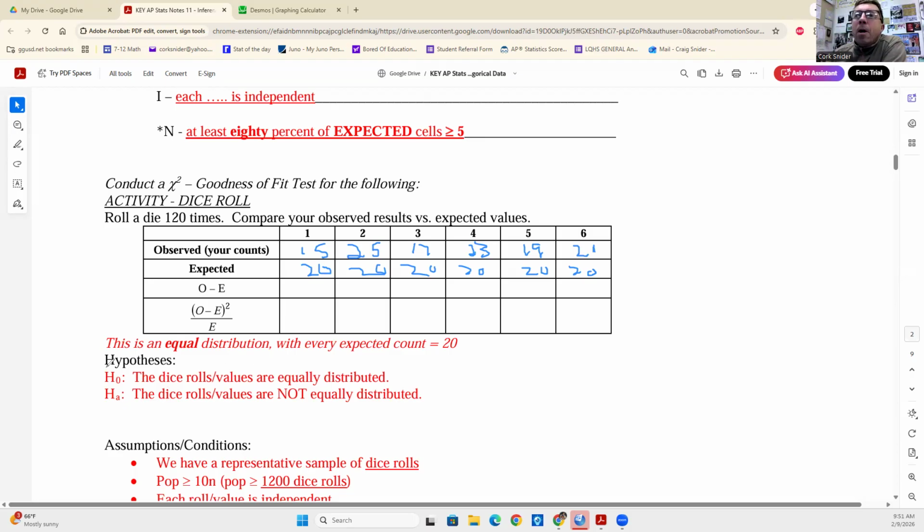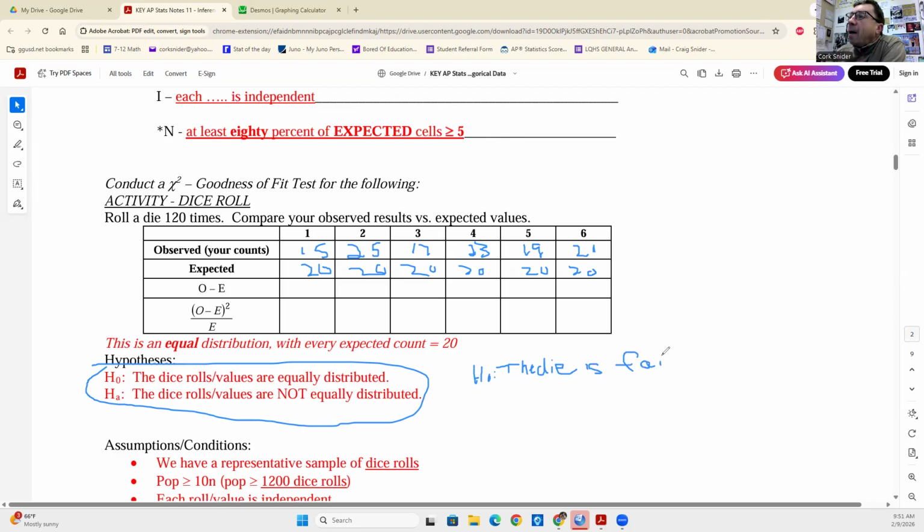H0 could be the roll is equally distributed or not. You can be creative. H0, the die is fair.